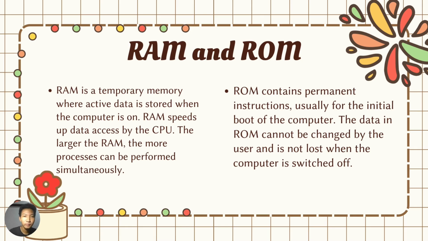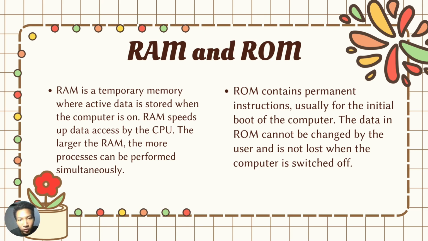Next, RAM and ROM. RAM is temporary memory where active data is stored when the computer is on. RAM speeds up data access by the CPU. The larger the RAM, the more processes can be performed simultaneously.